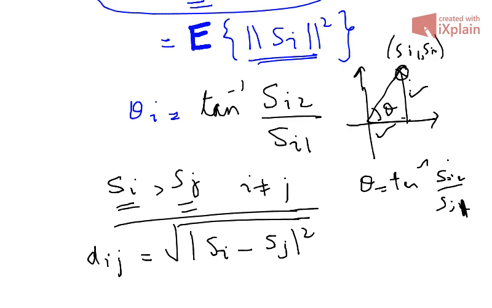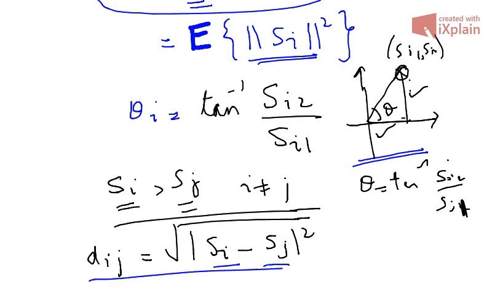These are the signal points in the Euclidean space, right? So when you try to find this, again, it is nothing but this expression here.